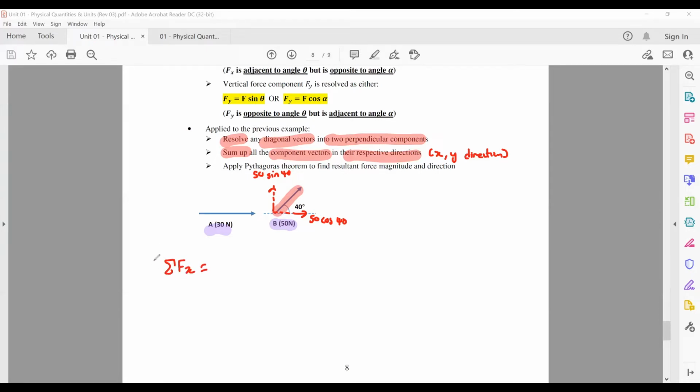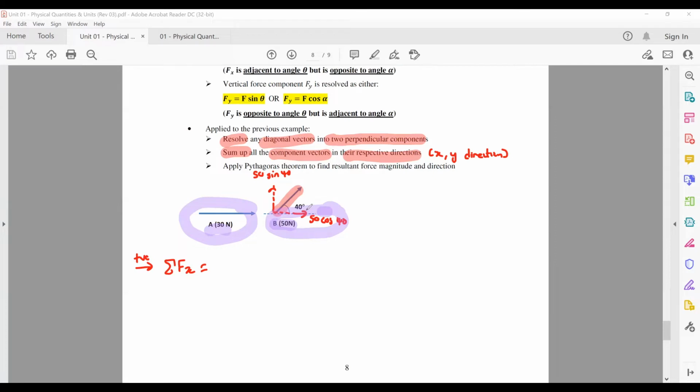Now recall that before this, I mentioned that whenever you want to add or subtract vectors, you tend to set a sign convention, which tells you which direction is assumed to be positive. Since you see that majority of the forces here seem to be pointing towards the right, you will just say going towards the right as positive. So now, you sum up all the forces that you see are in the horizontal direction. The only forces in the horizontal direction are this one and this one.